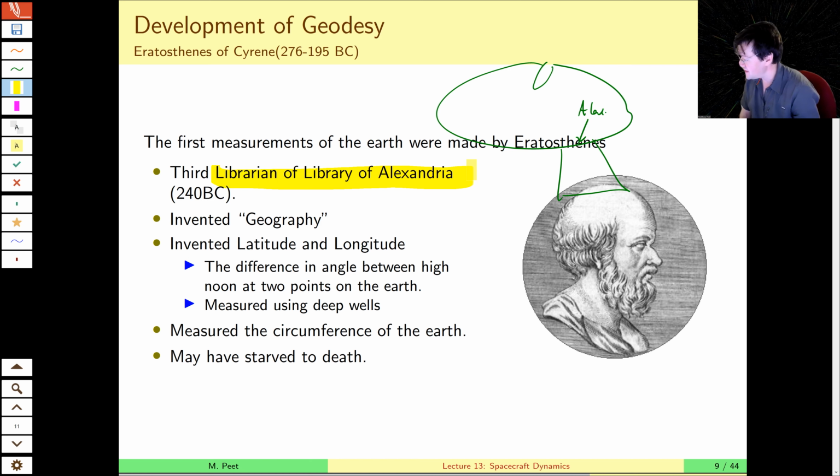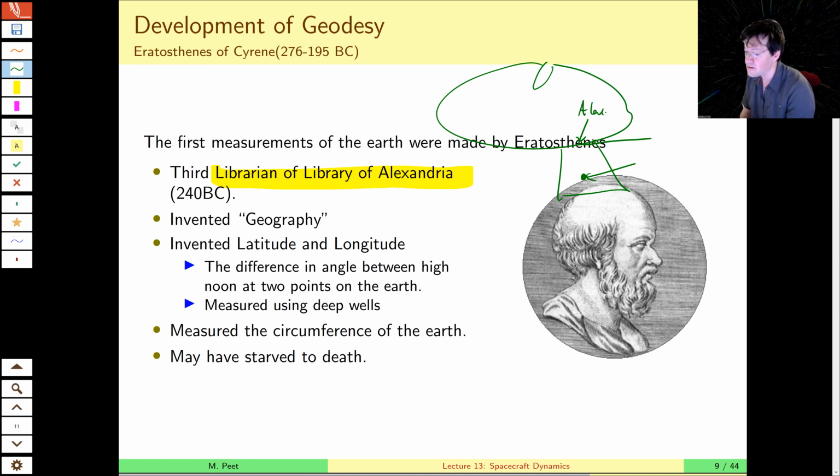And his contribution was to, okay, there's Alexandria. If I remember correctly, and it's been a while since I've looked at this, he measured the distance between Alexandria, where he was living, and this colony down here. I want to say that's Cyrene, but I'm not actually sure, so I won't make that claim.